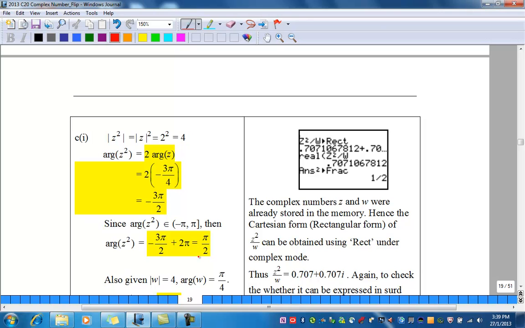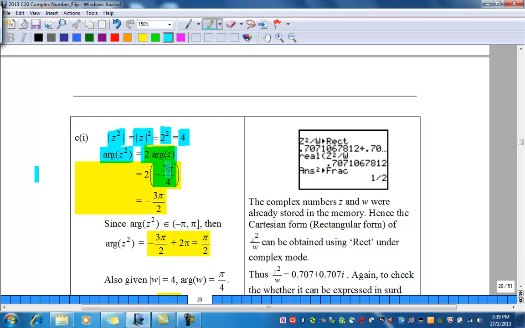C. z squared modulus is equal to modulus z squared, which is equal to 2 squared, which equals 4. And similarly, argument of z squared is 2 times argument of z. Argument of z is given to us as minus 3 pi over 4.